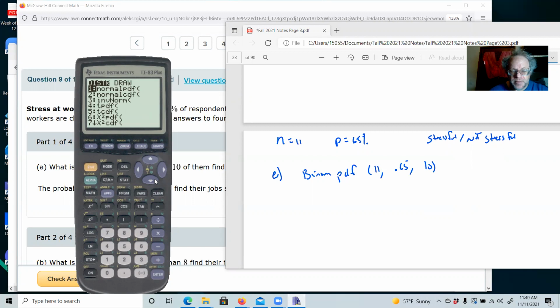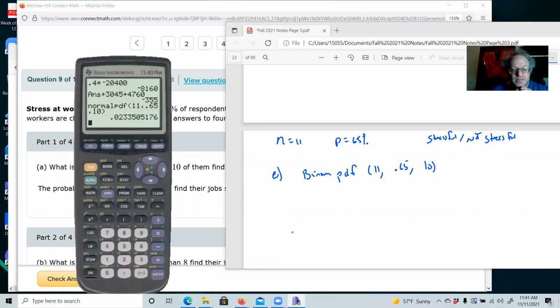We're going to go to distributions and then binomial PDF. We're going to do 11, comma, 0.65. Wow, that's a lot of commas. So 11, 0.65, comma, 10.